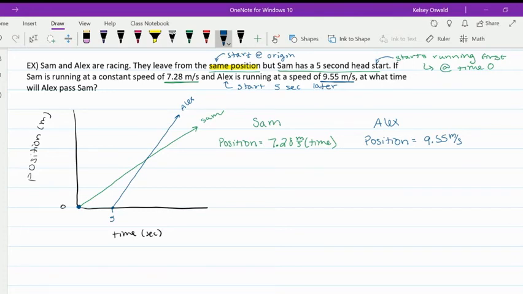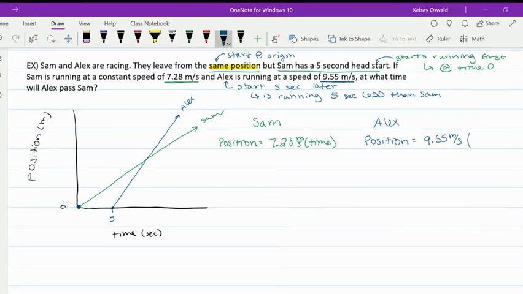What is different though is that Alex starts 5 seconds later. We need to show that in our equation. So what we need to show is that Alex is running 5 seconds less than Sam. Since they start later, they're going to be running for less time than Sam.